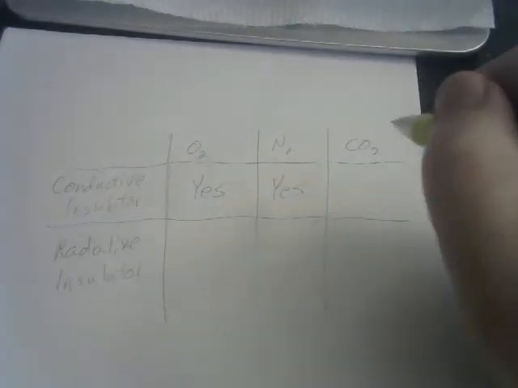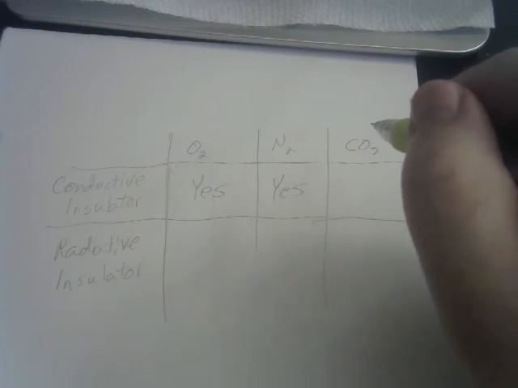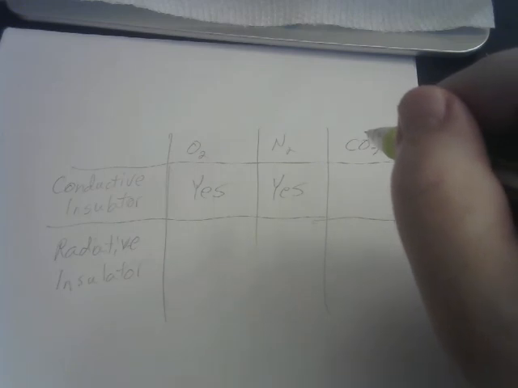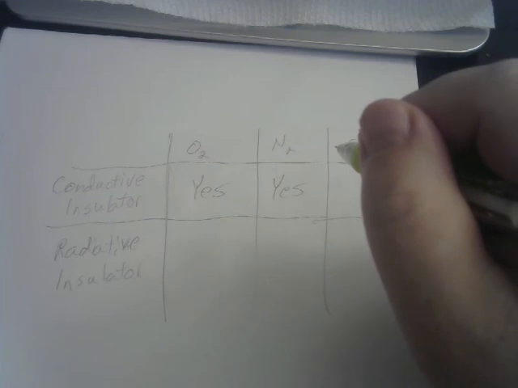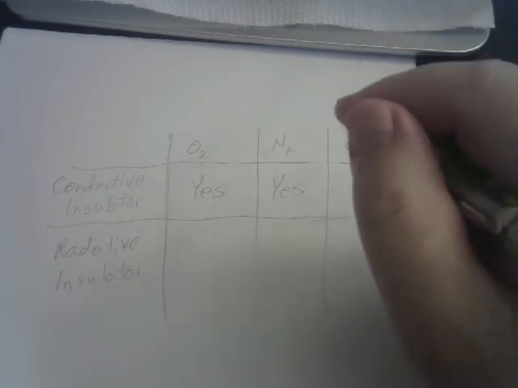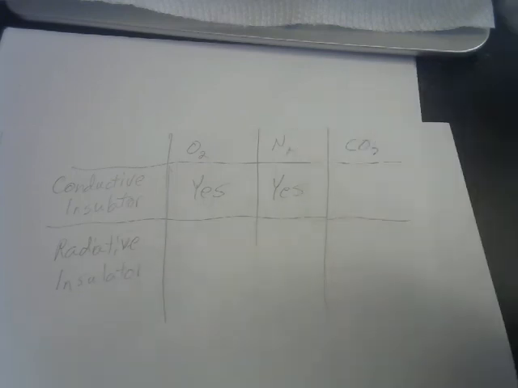As far as whether they are radiative insulators, though. If I have an infrared light, do I expect them to do any better than a vacuum in providing radiative insulation?